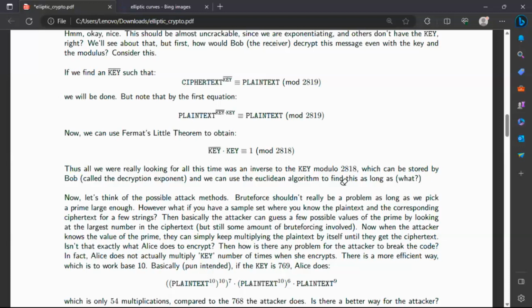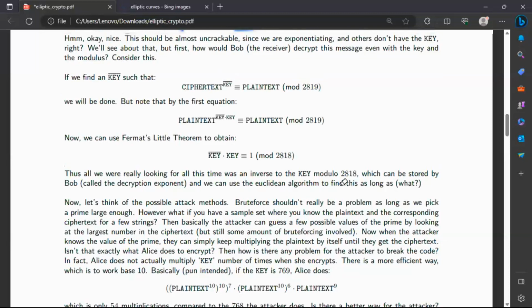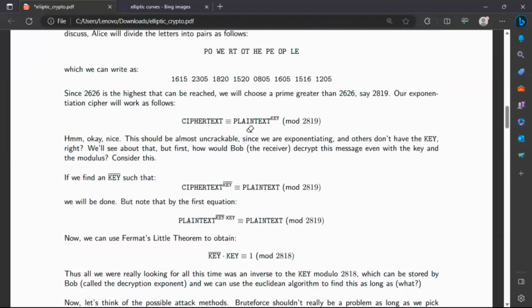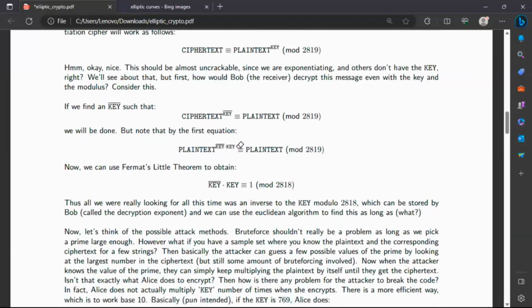There will still be some brute forcing involved. But once they guess the prime, they can simply keep multiplying the plaintext by itself, since we're exponentiating the plaintext, until they get the ciphertext they want.